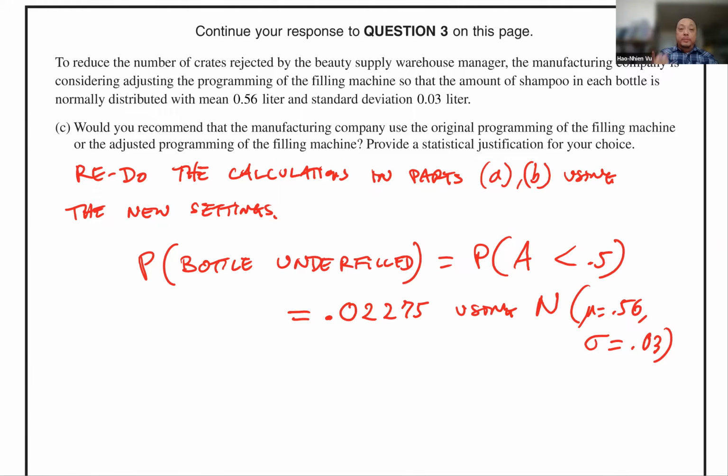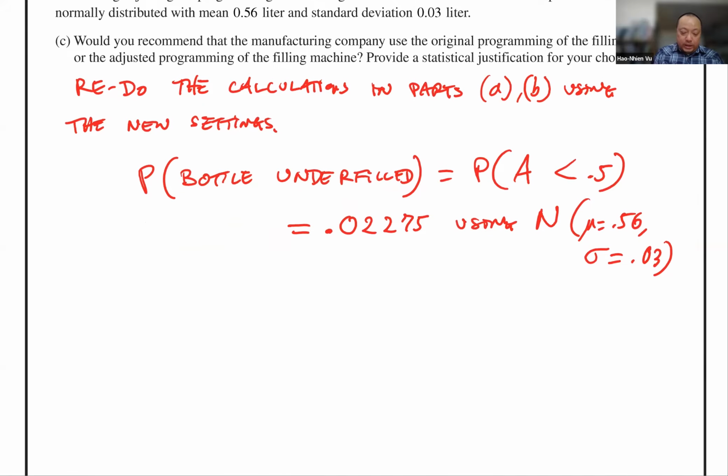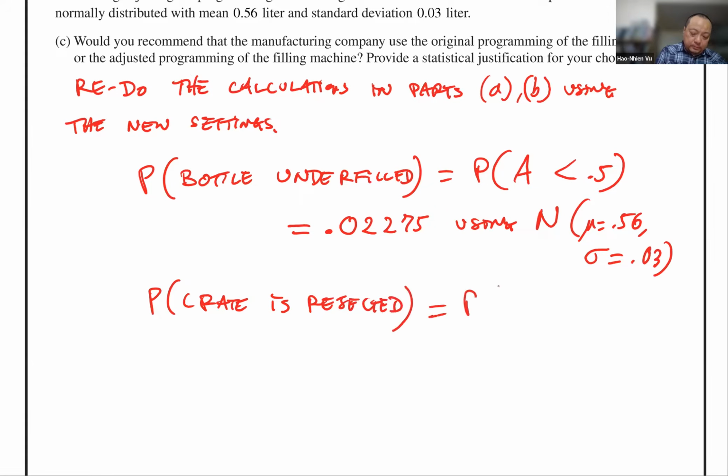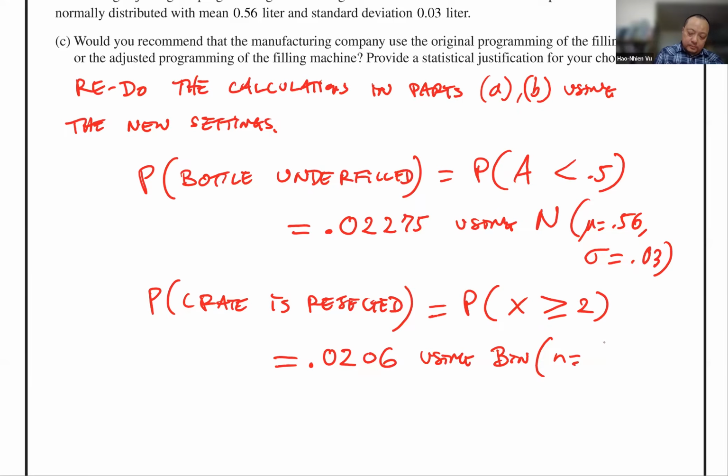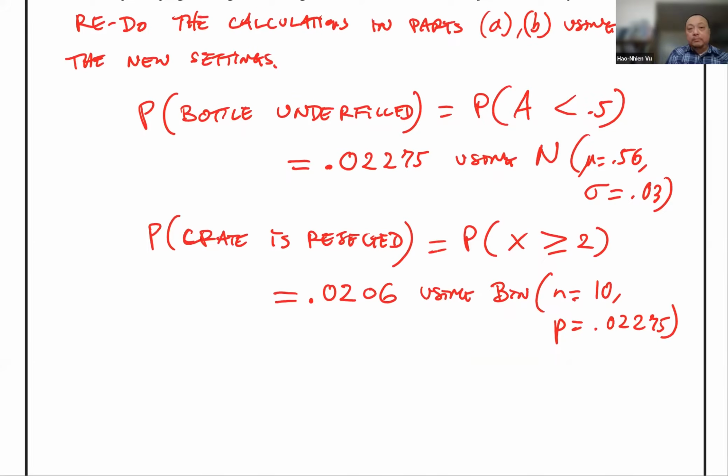So with each bottle being more likely to be underfilled, then it's also more likely to have 2 or more underfilled bottles. So you could just stop the calculation here and explain all that verbally, but it's just simpler to just redo the binomial calculation as well. Then we get the probability that a crate is rejected is 0.0206.